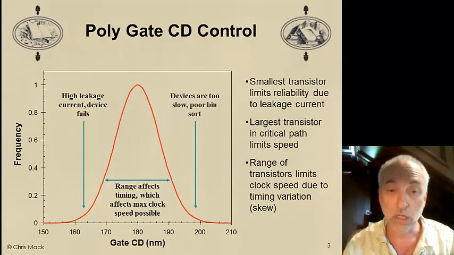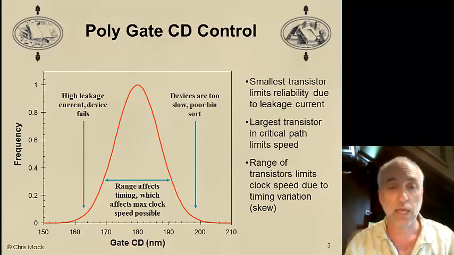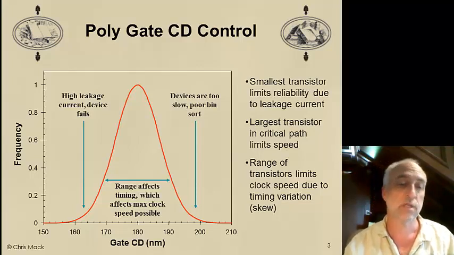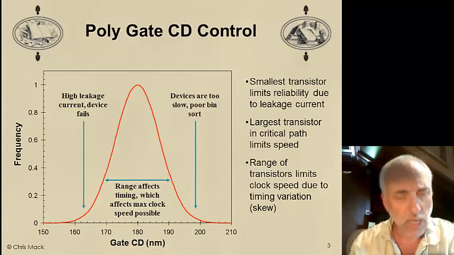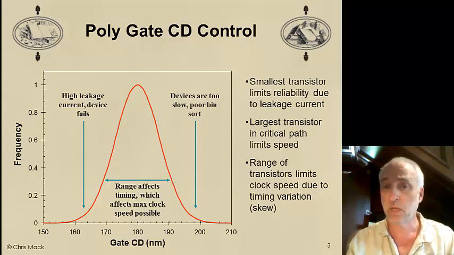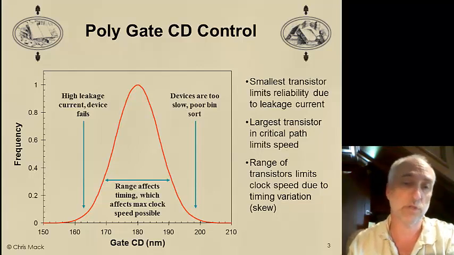You can get an error. That's called clock skew, and the range of feature sizes on the wafer affects this skew, and also ultimately the fastest clock speed we can run. So if we can tighten up this distribution, we can get better performance of our chips and sell them for more money.